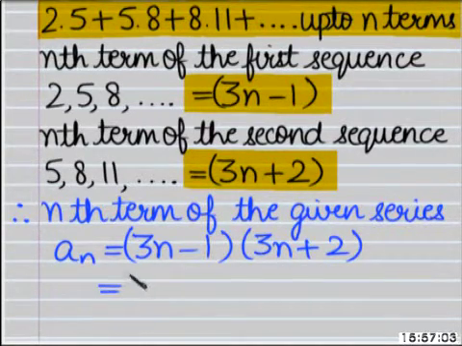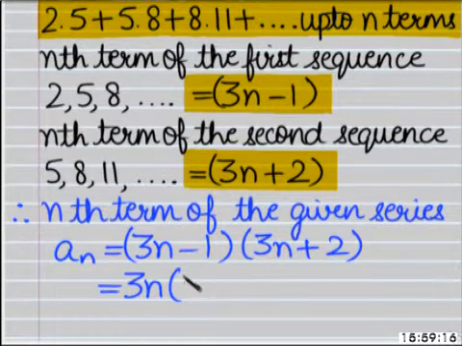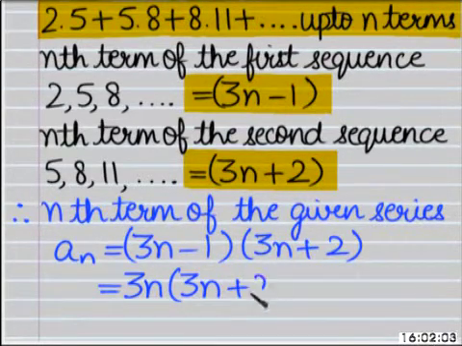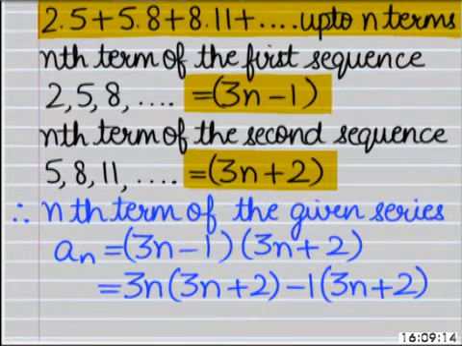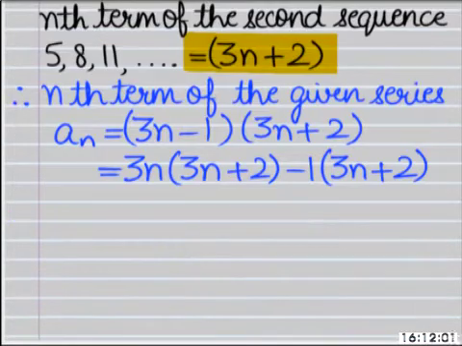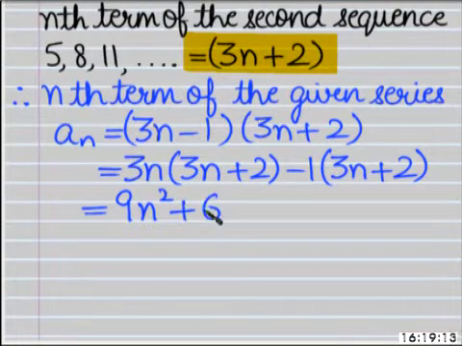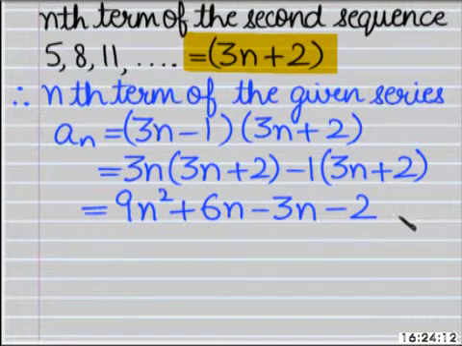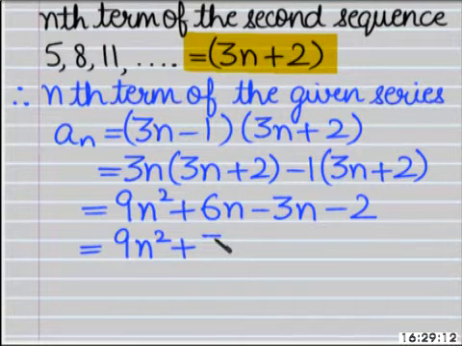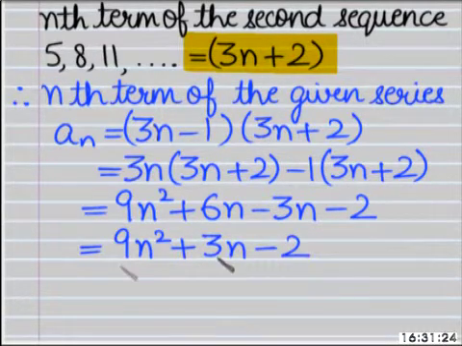This is further equal to (3 into n) whole multiplied by (3 into n plus 2) minus 1 whole multiplied by (3 into n plus 2), which is equal to 9 into n square plus 6 into n minus 3 into n minus 2, which is equal to 9 into n square plus 3 into n minus 2.